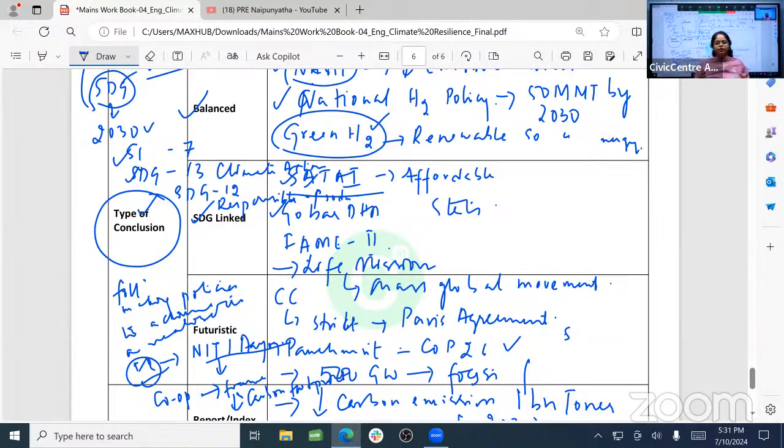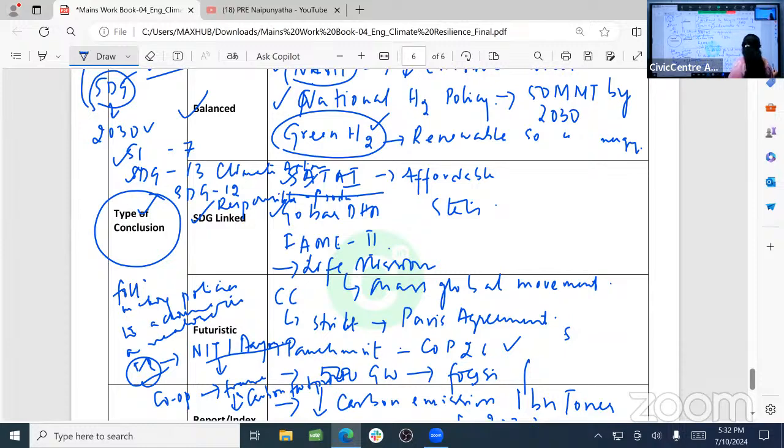So if you make a body like Niti Aayog especially to reduce the carbon footprint, that can help in realizing the right given to us in the Supreme Court judgment. In this way, futuristically, we will be reducing the carbon footprint by reducing greenhouse gas emissions.